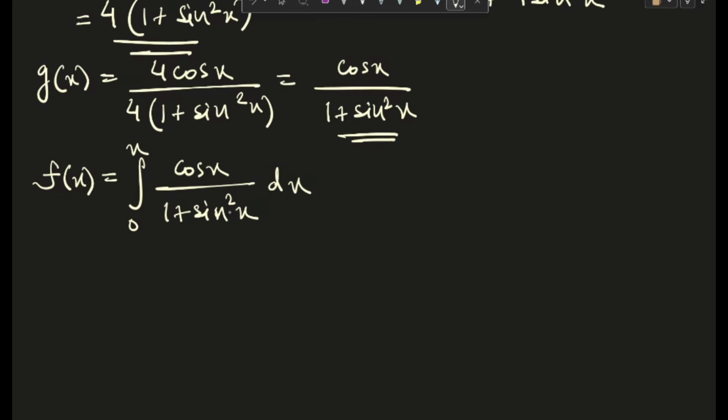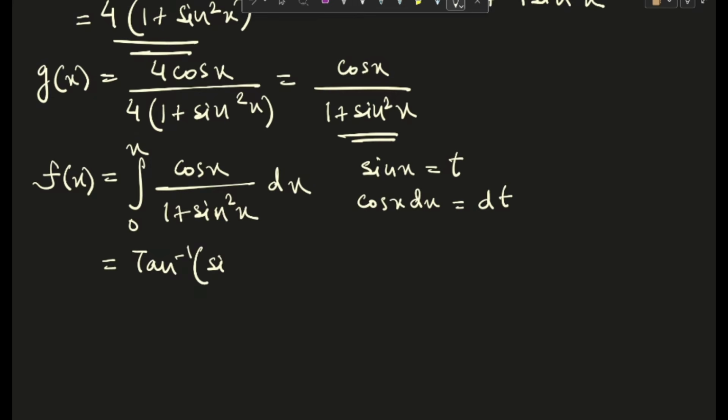And I guess guys, we don't need to go for any complications because we can actually directly integrate this. This is looking actually very proper. Okay, so if you take sine x to be t, your cosine x dx will come out to be dt. So it will become dt by 1 plus t square, which is the tan inverse integral. I am not doing all that again. You can understand dt by 1 plus t square is tan inverse t, and then we put tan inverse of sine x in place of t.